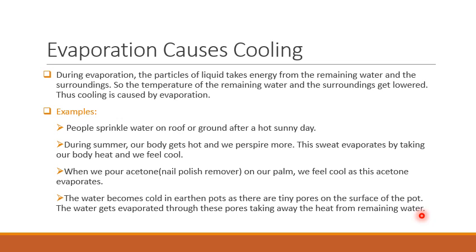As a result, the water which is inside the earthen pot will become cold due to the evaporation of water particles through the pores of earthen pot. Whereas if you put water in a metal pot, there are no pores, so the water will get heated and it won't be cold. So that's why we use these earthen pots or matkas during the summer season.